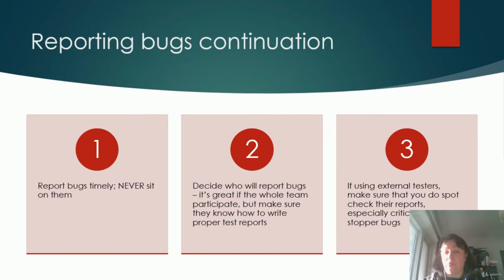You might get something reported as a blocker, a critical bug or showstopper, but when you actually look into it, the issue is not that bad. It's not such a big problem, and the tester might have taken it out of context. So make sure those bugs are always checked before they're assigned for a fix, or before we start the alarm with the producer that we are going to be late with the submission because we found a showstopper. It might not be so.